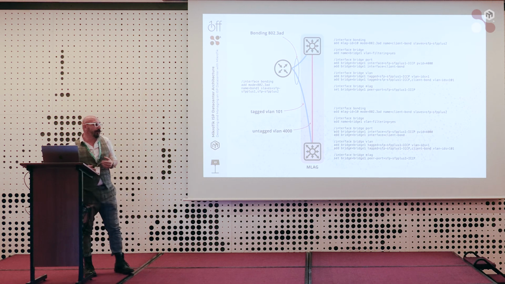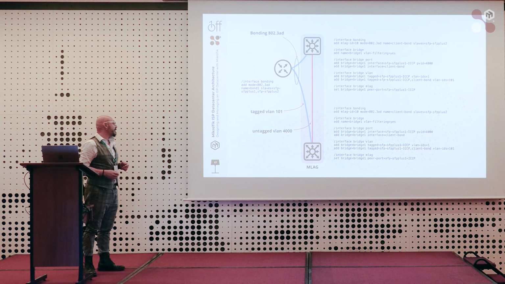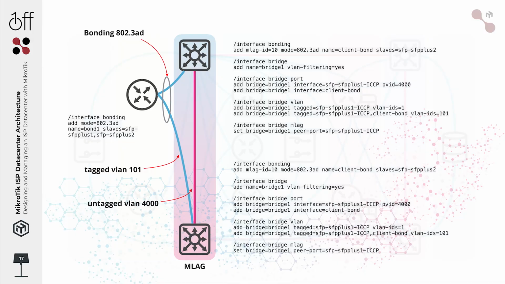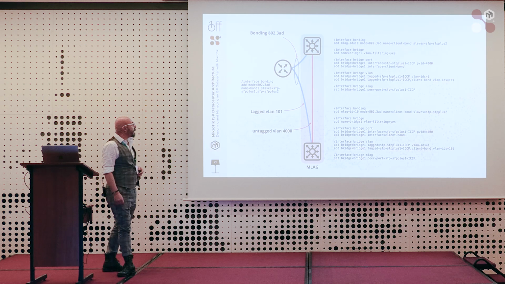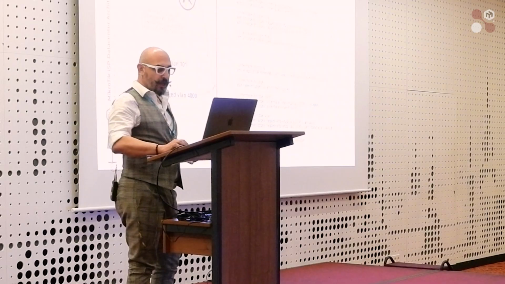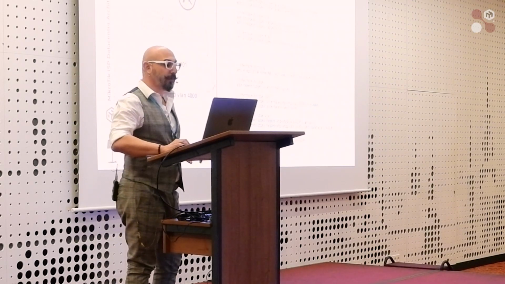So it will use both interfaces at the same time. We have a tagged VLAN in the router and an untagged VLAN, the 4000, let's say, it's an example, to let the switches communicate with each other through the ICCP port.